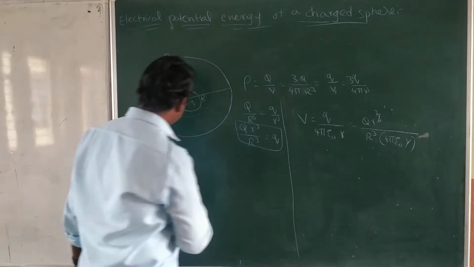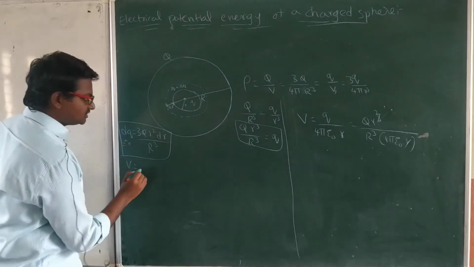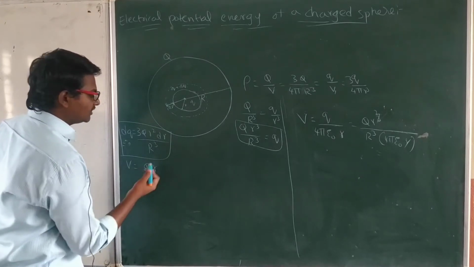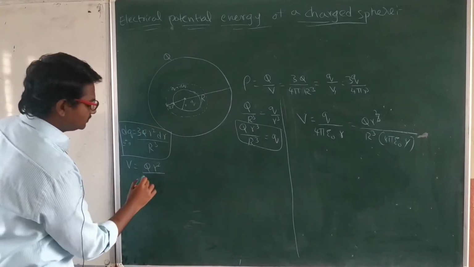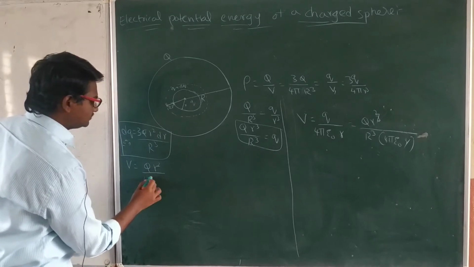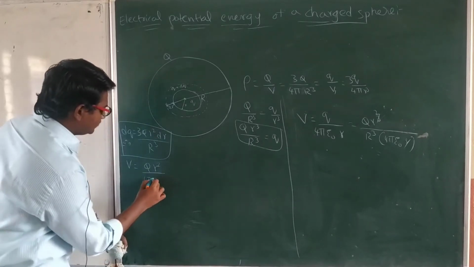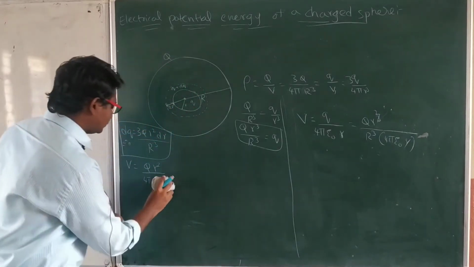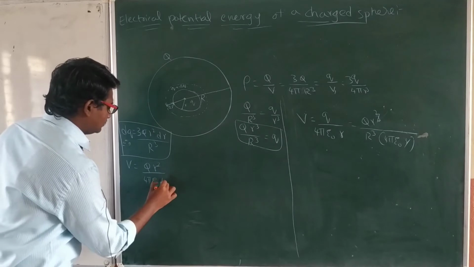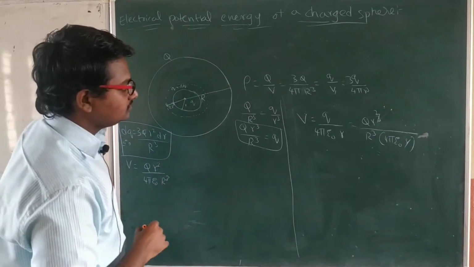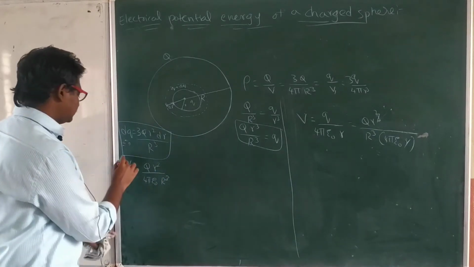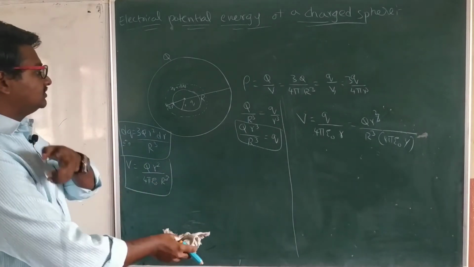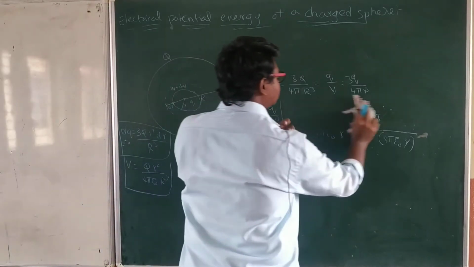That is, V equals Q r² by 4πε₀ R³. That's it, this is what we got. These are the two equations we got, which are very important to solve the problem.